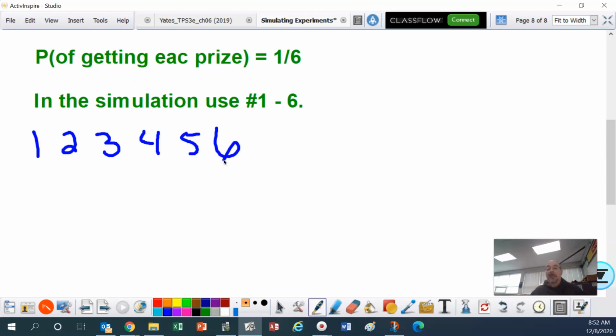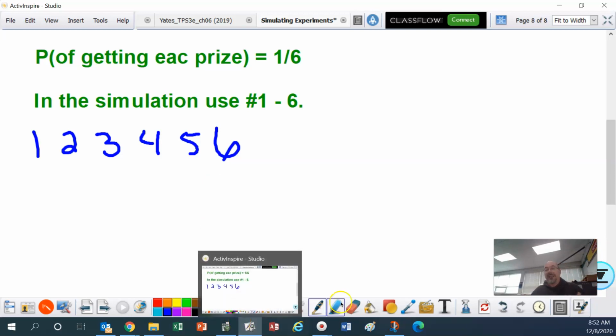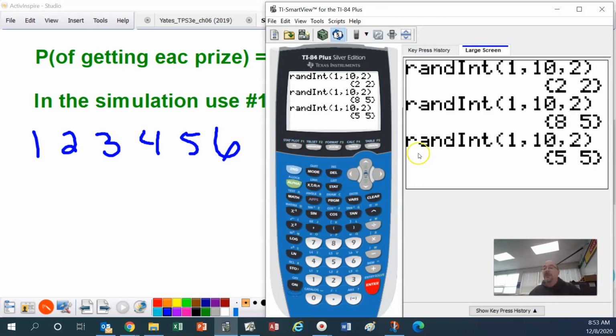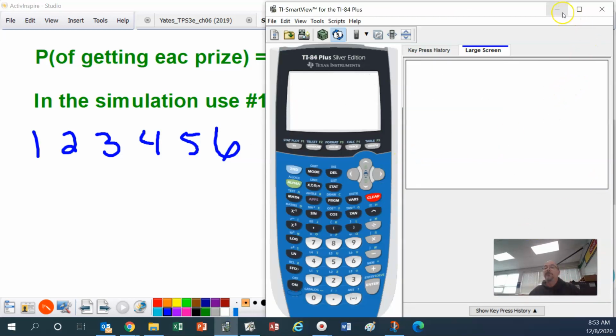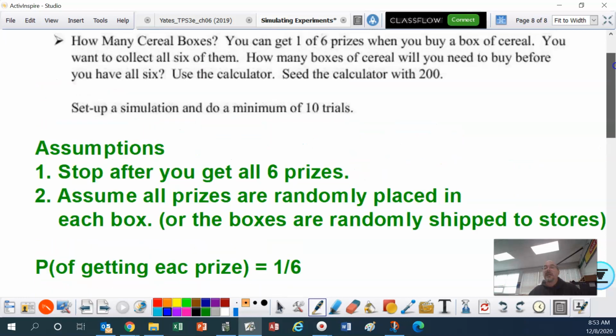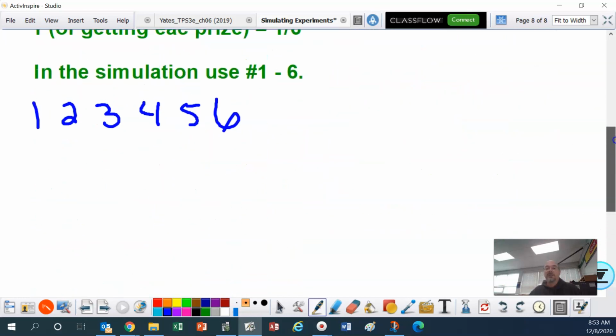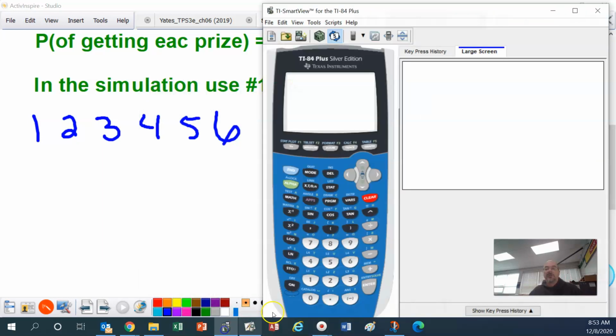Now, when I use my calculator, and unfortunately I can't keep the calculator up there, I'm going to be going back and forth a lot. So I'm going to demonstrate this with just 2 of the repetitions. But first let me get my calculator set up. So I need to seed it, what did it say? With 200, and we're going to do 10 trials, or 10 simulations. All right, so here we go.